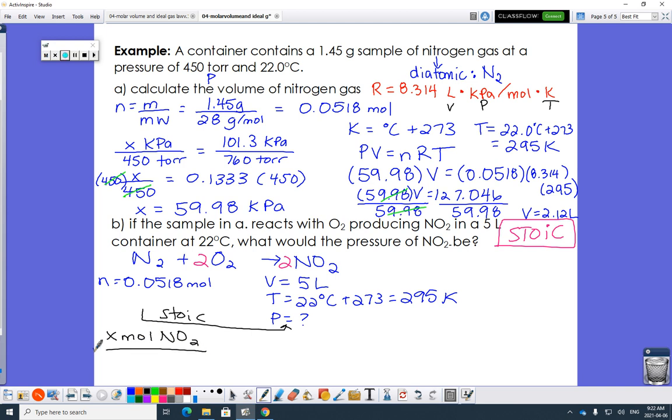And again, I wouldn't choose 2 and 2, right? I would choose different coefficients. So I've given information about N2 and asked you about NO2 on purpose. They do not have the same coefficients. Are their coefficients very complicated? No, but they're still not the same, okay?